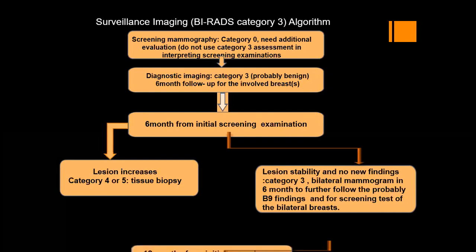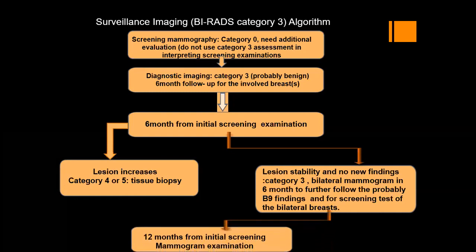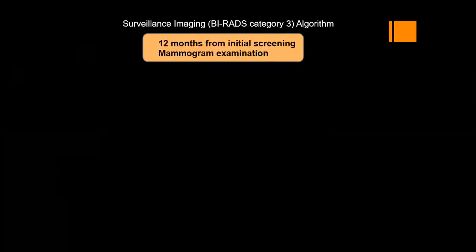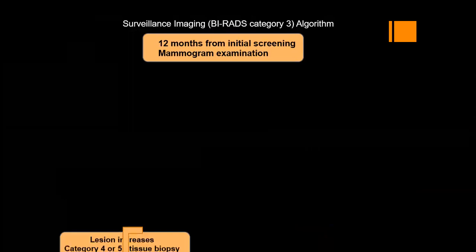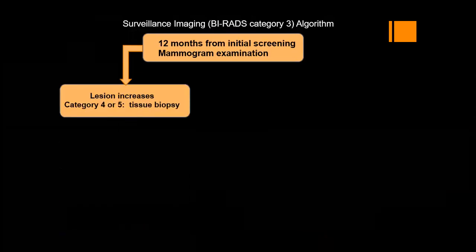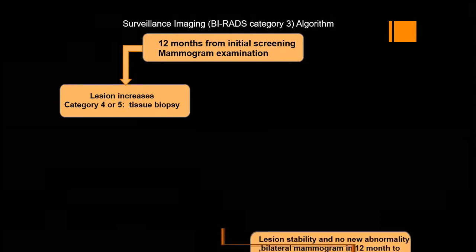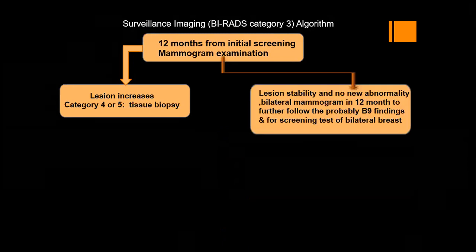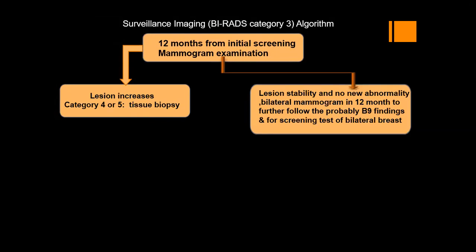After 6 months, it will be 12 months from the initial screening mammogram, so it will be evaluated. If there is any increase again or change in characters, tissue diagnosis will be recommended for BIRADS 4 or 5. But if it's still stable and no new findings, it will be reported as still probably benign, and we recommend a 1 year mammogram.